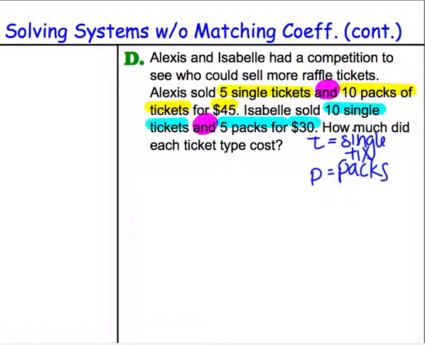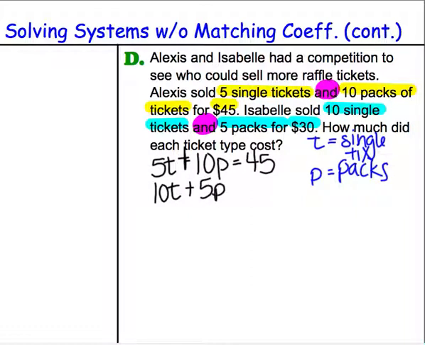I've got 5 single tickets plus 10 packs of tickets, and that's $45. And then I've got 10 single tickets plus 5 packs of tickets, and that would be $30.